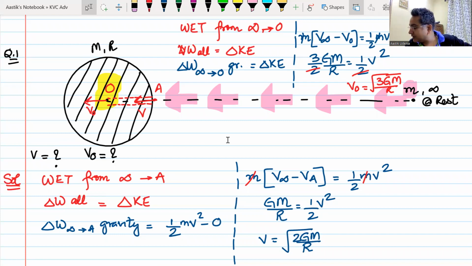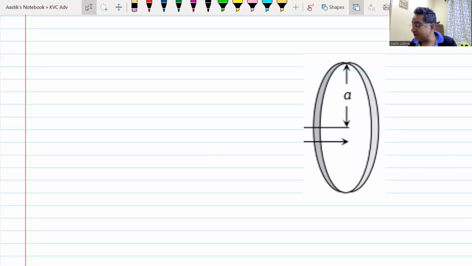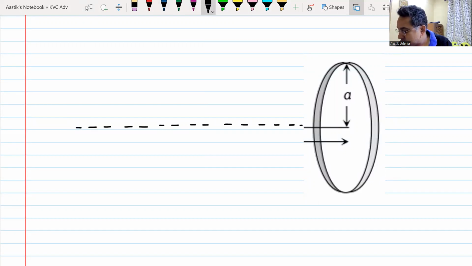So, what I have is a ring of radius A, and this ring has a mass capital M. Then, at a very large distance, there is a small mass m kept at rest at infinity.